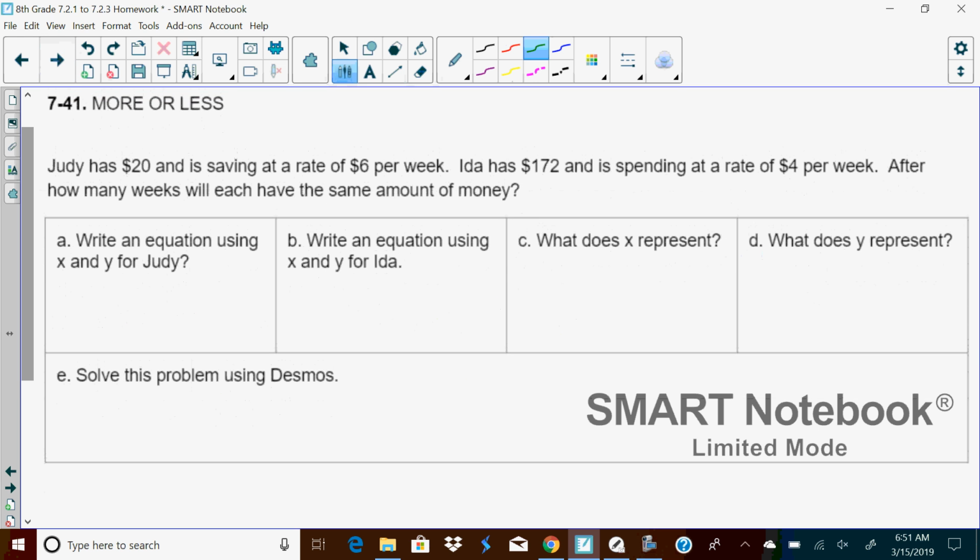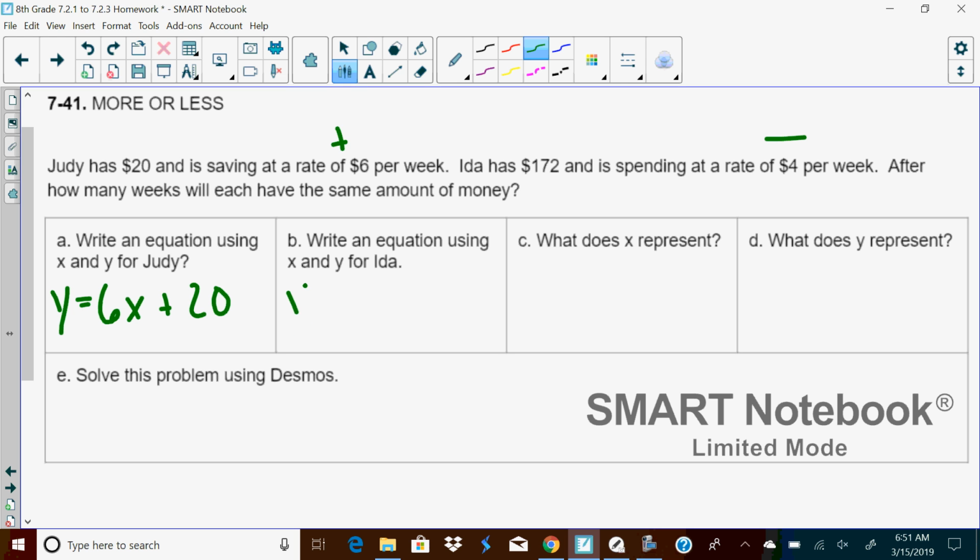Problem 41, Judy has $20 and is saving at a rate of $6 per week. Ida has $172 and is spending at a rate of $4 per week. So this is a positive, it's going up. Spending is a negative. So after how many weeks will they have the same amount of money? So I want you to write an equation for Judy. So she is Y equals 6x plus 20.